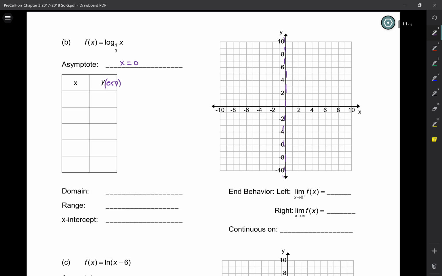So let's do exponents of, let's say, -2, -1, 0, 1, and 2. So what are we going to get here? 1/3 to the -2, 9. 1/3 to the -1, 3. 1/3 to the 0, 1. And then 1/3, and then 1/9.